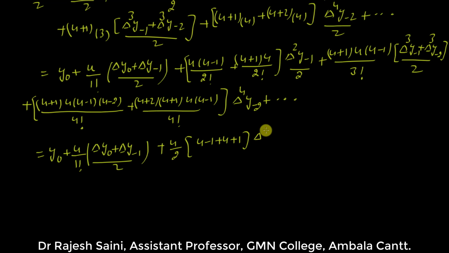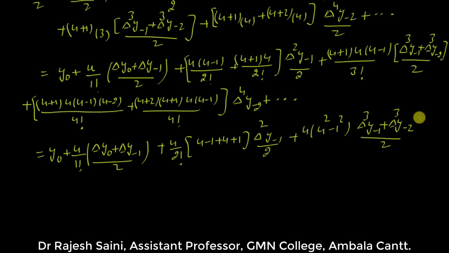This will be 2 factorial is also here, delta square y minus 1 by 2, plus u as such, u plus 1, u minus 1 will be u square minus 1 square. Fine. Delta cube y minus 1 plus delta cube y minus 2 by 2, and here is a 3 factorial.